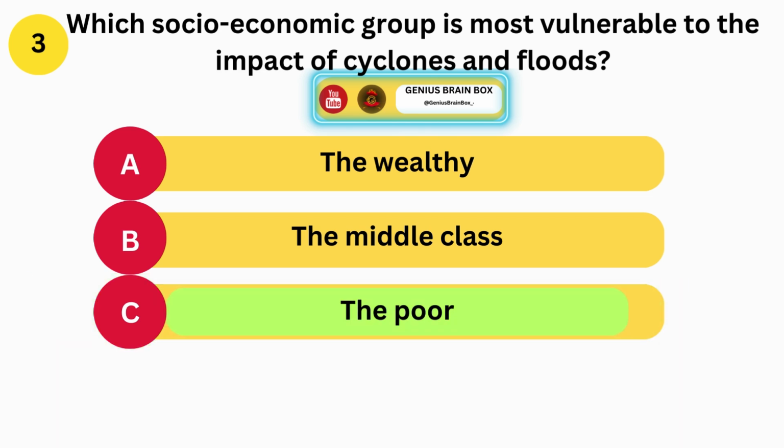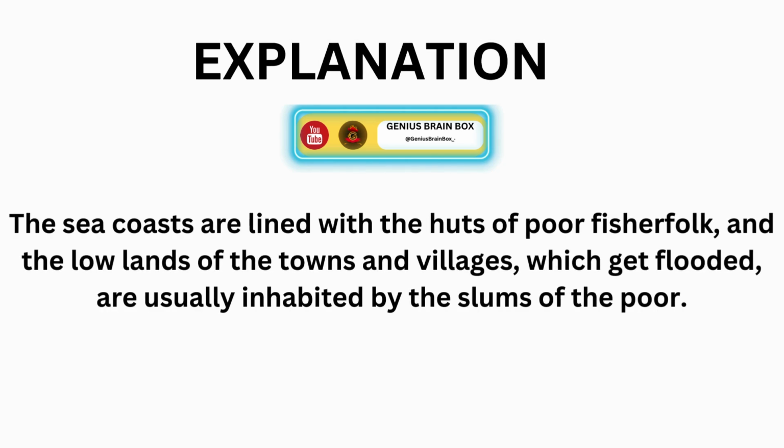Correct answer is... Explanation. The sea coasts are lined with the huts of poor fisherfolk, and the lowlands of the towns and villages, which get flooded, are usually inhabited by the slums of the poor.